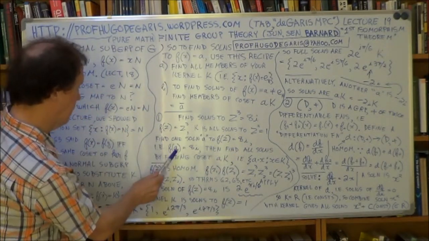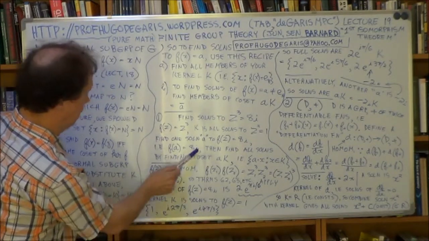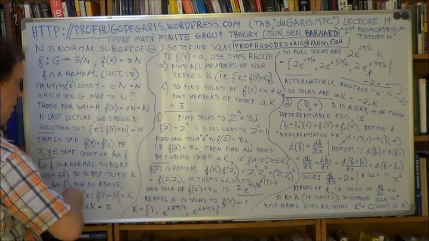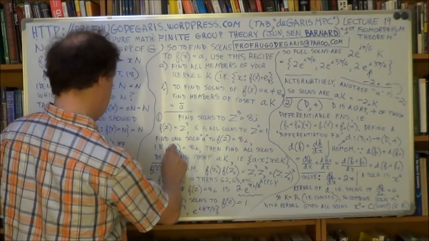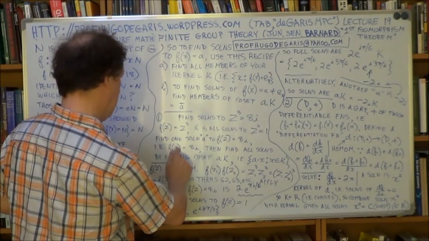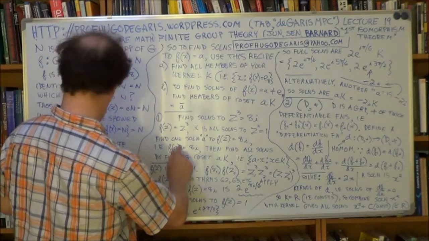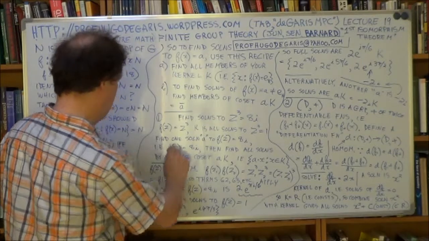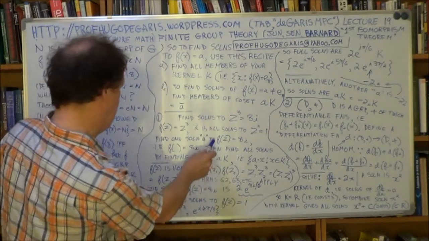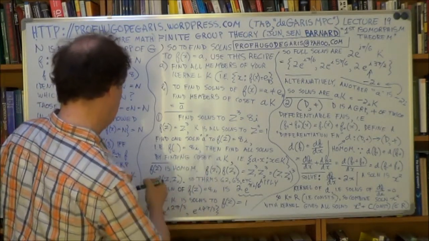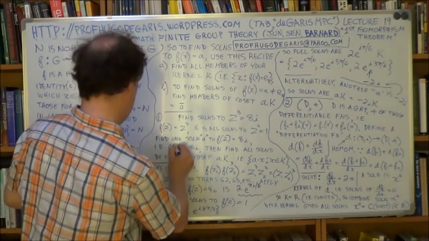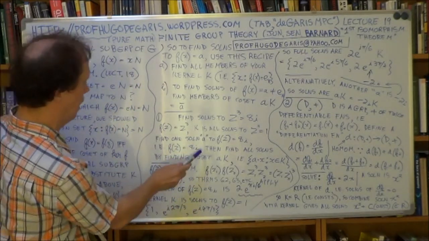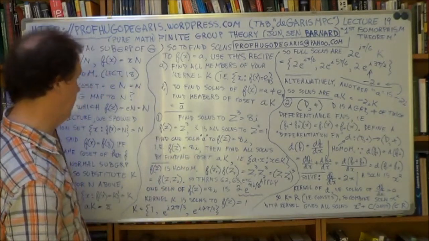Well, here it is rewritten: f of a equals 8i, that's your little a.